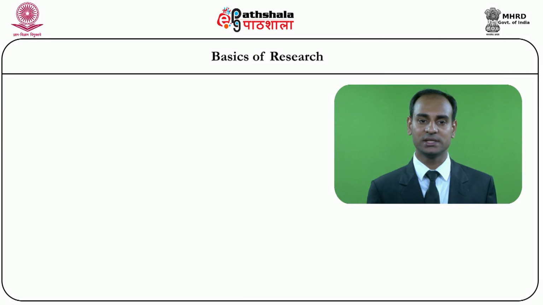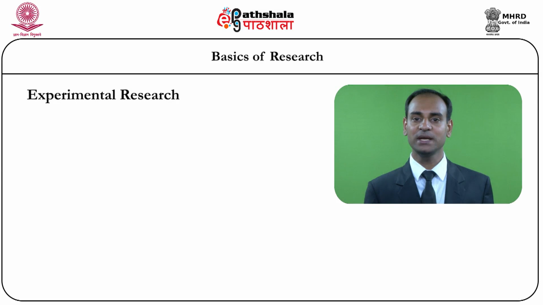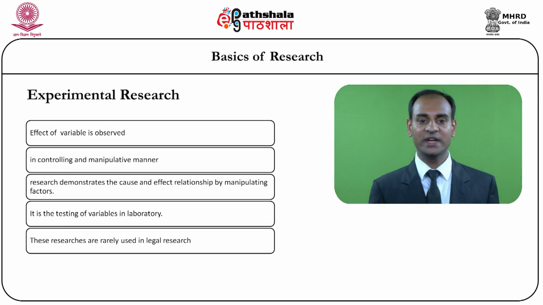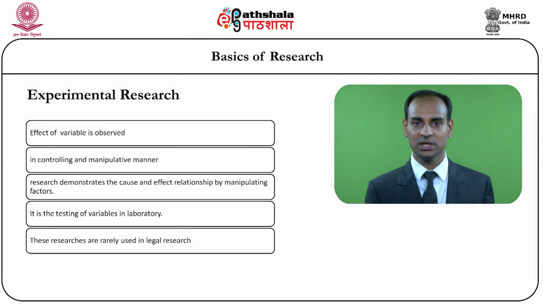The next research is experimental research. In experimental research, the effects of a variable are observed by controlling and manipulating the variables. Here the researcher has control over the variables used in the research, and he tries to study the effects of their manipulation or their reaction with other variables.